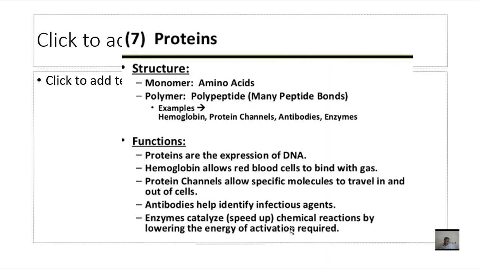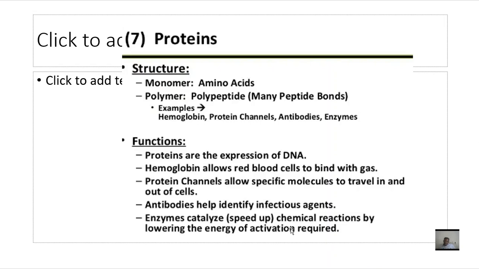Hemoglobin allows the red blood cell to bind with gases like oxygen and carbon dioxide. Protein channels allow specific molecules to travel into and out of the cell. Antibodies help identify infectious agents.